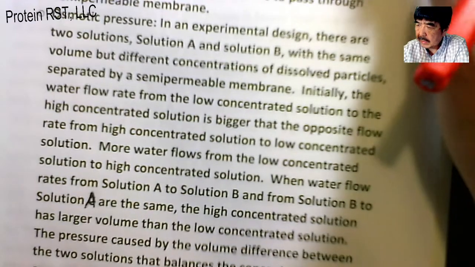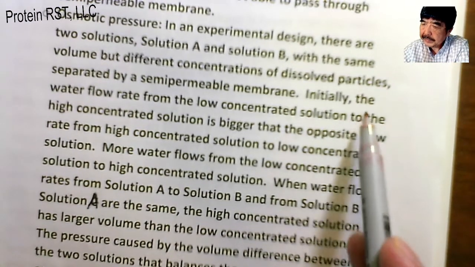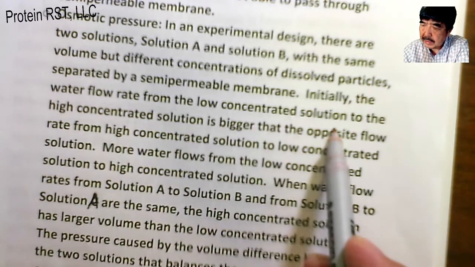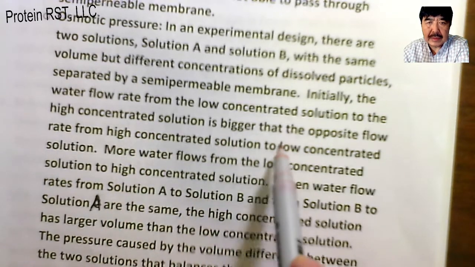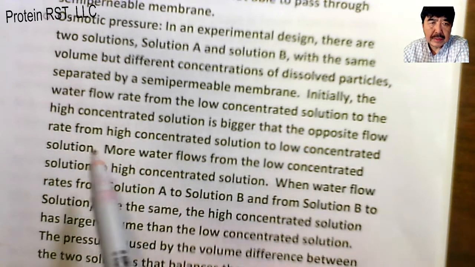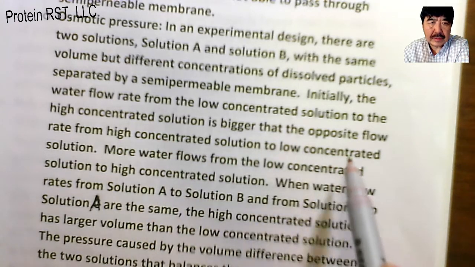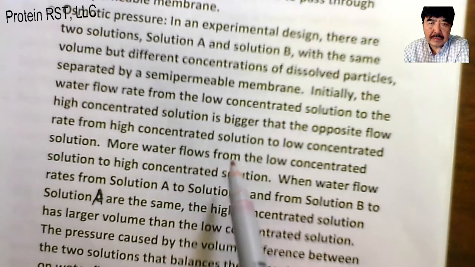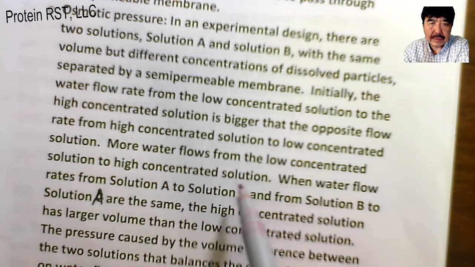Initially, the water flow rate from the low concentrated solution to the high concentrated solution is bigger than the opposite flow rate from the high concentrated solution to the low concentrated solution. More water flows from the low concentrated solution to the high concentrated solution at the beginning.